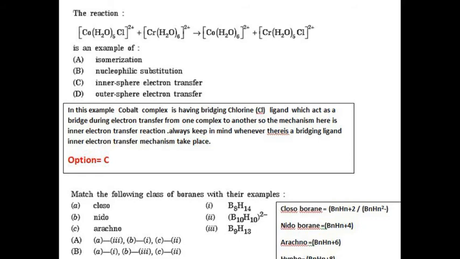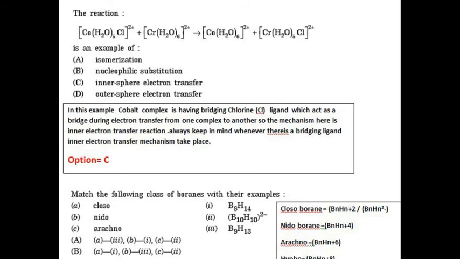The first complex has a chlorine ligand, which is a bridging ligand. Whenever a bridging ligand is present in a complex, it acts as a bridge between the two complexes and facilitates electron transfer, and inner sphere electron transfer takes place. So the given reaction is an example of inner sphere electron transfer because of the chloride bridging ligand.